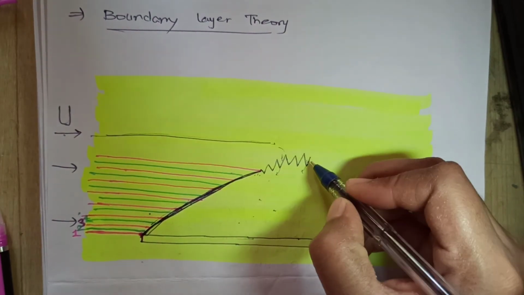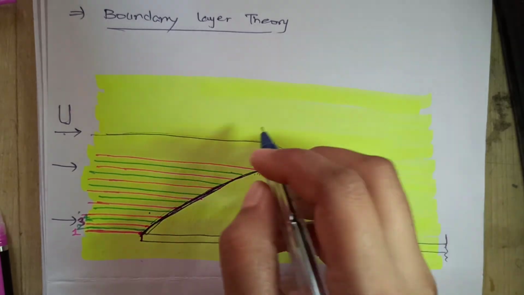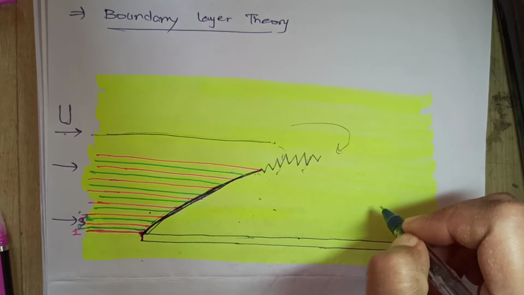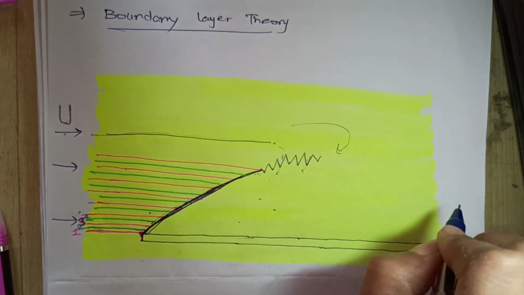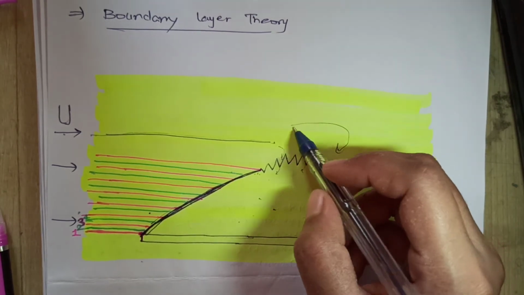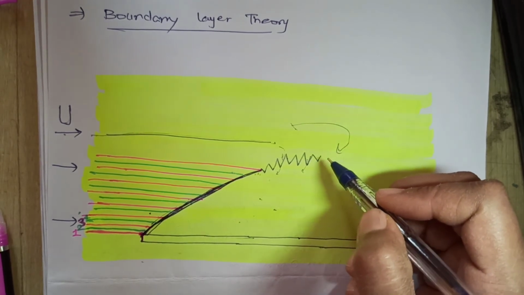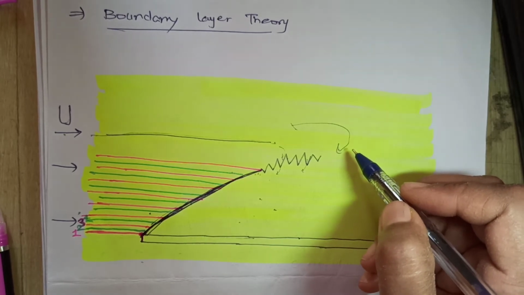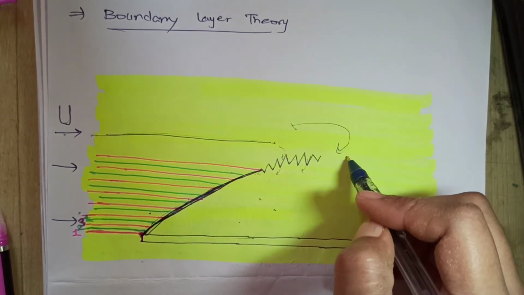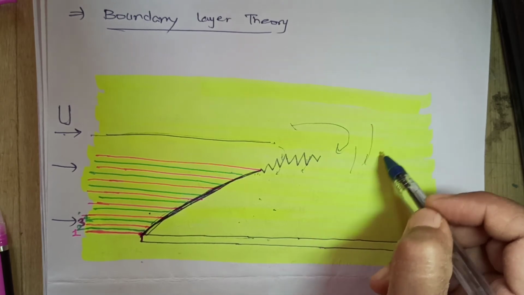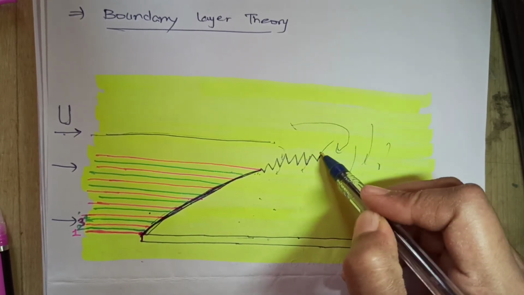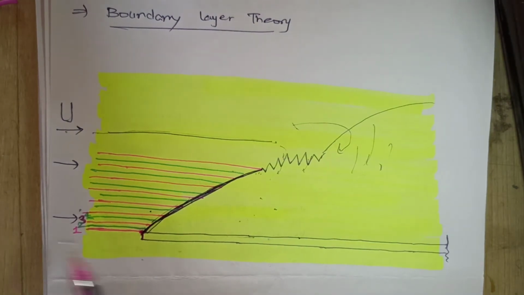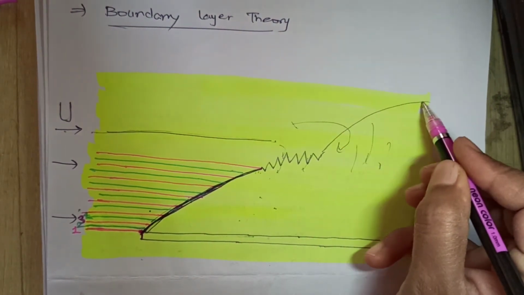After some time, this flow actually entered, because as we moved horizontally in the x direction, the boundary layer pressure decreased a lot, and the velocity increased a lot, and therefore this flow actually intruded into the boundary layer, and the boundary layer took the shape of this curve.